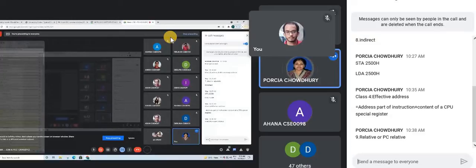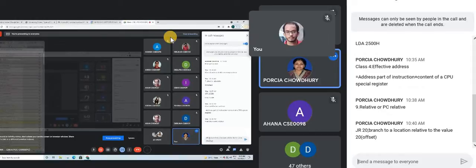The thing which I am writing is the instruction. The instruction says JR 20.